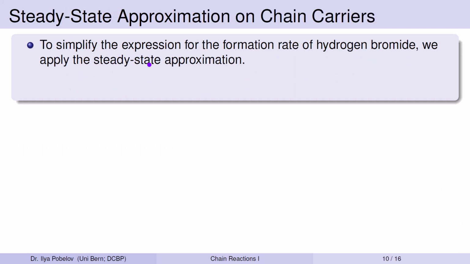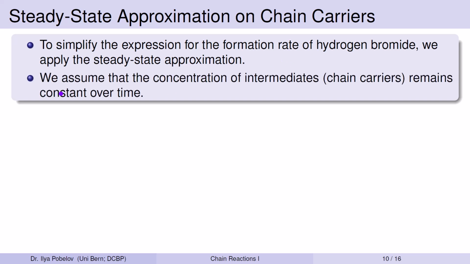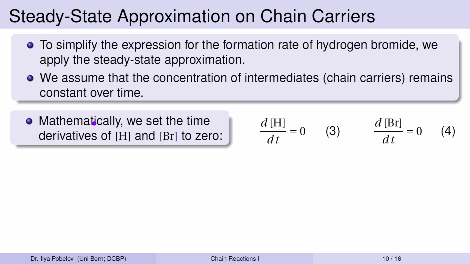To simplify the expression for the formation rate of hydrogen bromide, we apply the steady-state approximation. To do so, we assume that the concentration of intermediates, chain carriers, remains constant over time. Mathematically, we set the time derivatives of the hydrogen and bromine radical concentrations to 0.